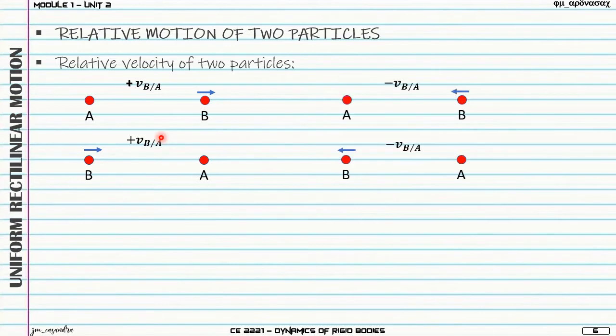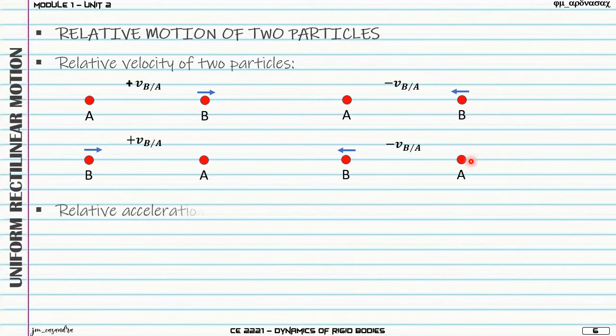Likewise, whatever the positions again of A and B, as long as B is moving to the negative direction, or moving to the left, then the relative velocity of B with respect to A is negative.